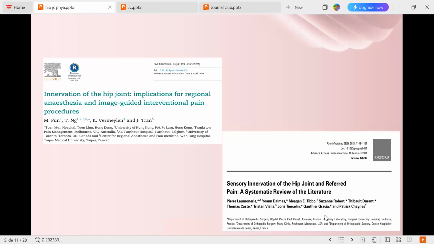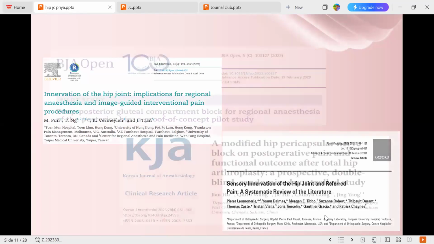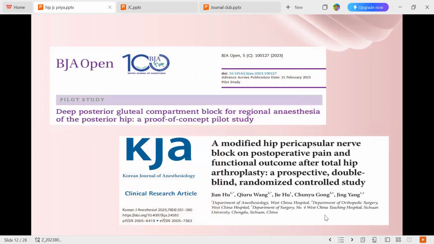These two articles mainly emphasize only hip joint innervation. And these are two recently published articles which gave two new blocks. One is a deep posterior gluteal compartment block for regional anesthesia of the posterior hip, done as a pilot study. There was a cadaveric study followed by two case reports.